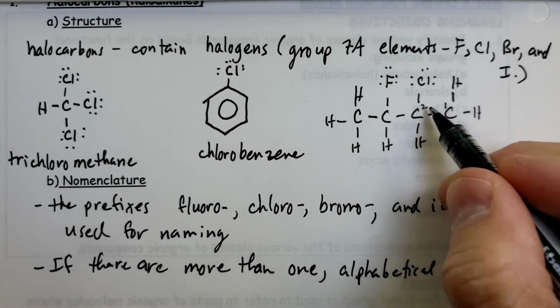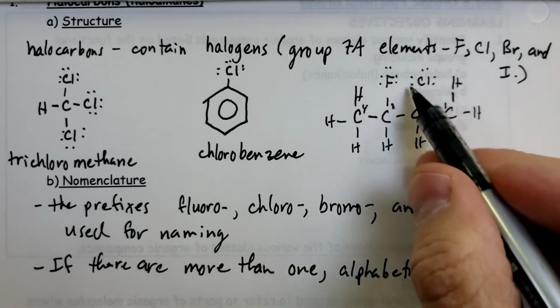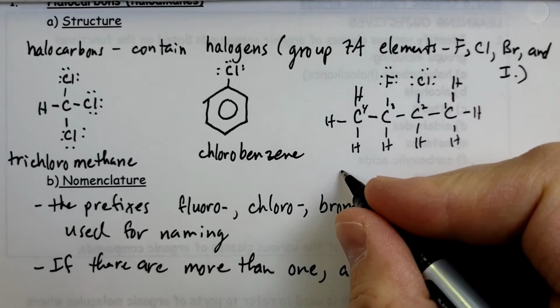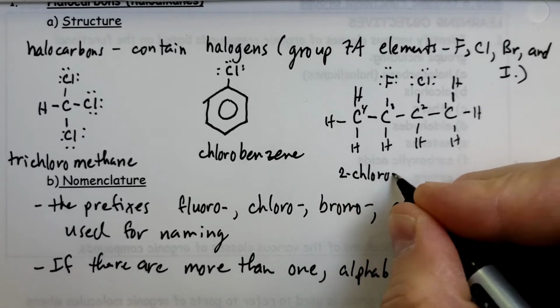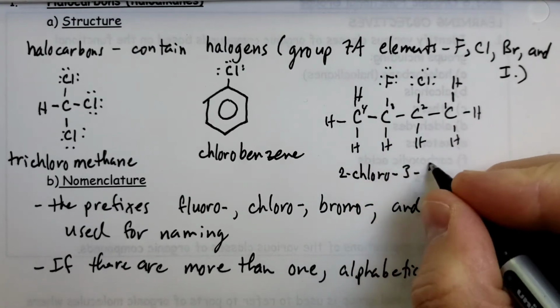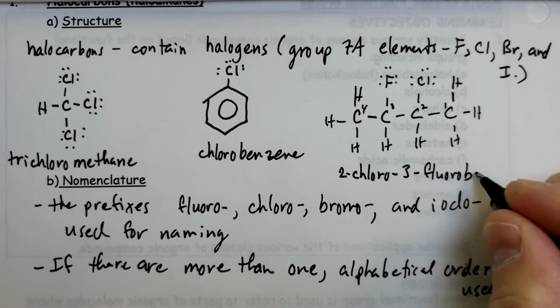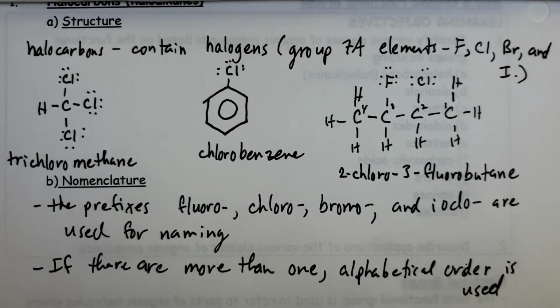So 1, 2, 3, 4. I could have named it the other way, but if I name it this way, I'm going to have the alphabetical order in place. So 2-chloro-3-fluoro, and of course 4 carbons, it's a butane.